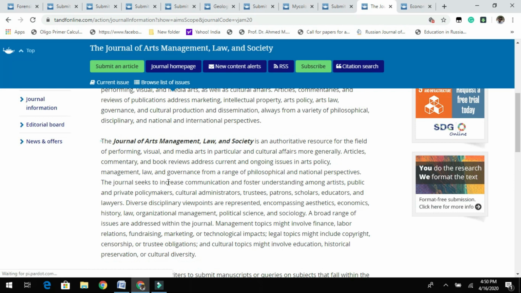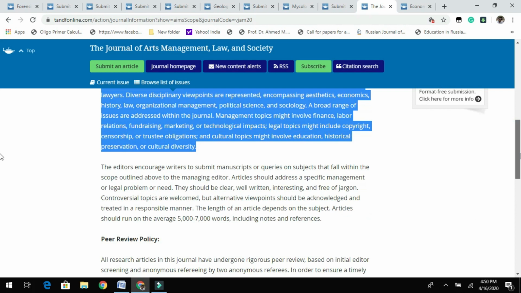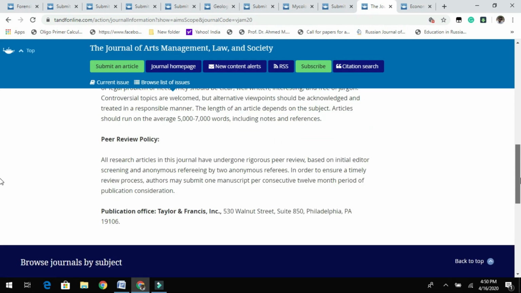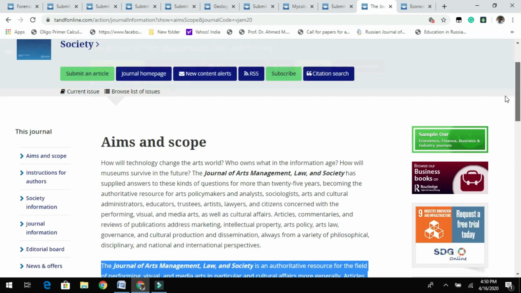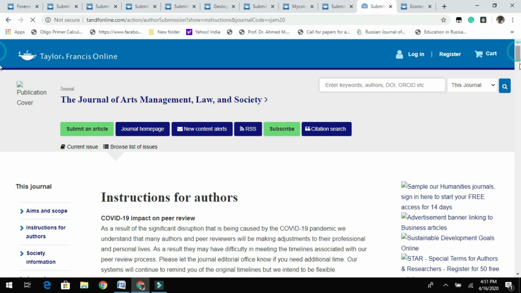So let us see the publication charges of this journal. I hope that this journal doesn't cost any publication charges.